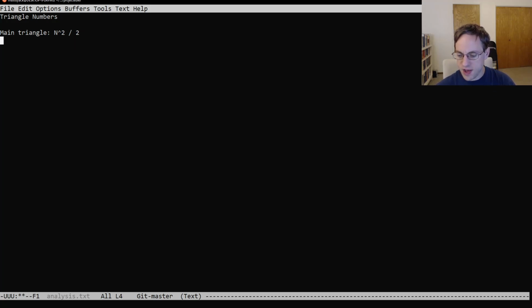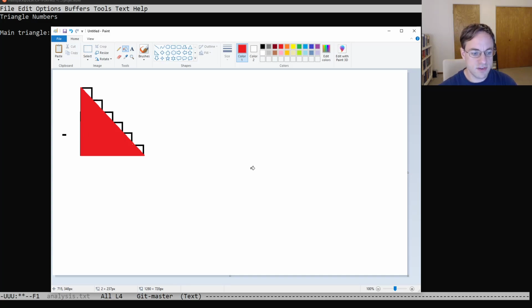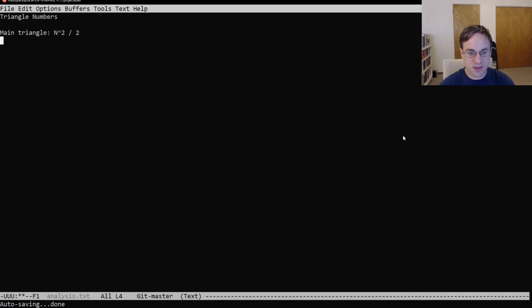So we might say triangle numbers. Main triangle is just going to be n squared divided by 2. And so then in order to find an exact expression for the triangle numbers, we just have to look at, let's see here, we'll color this in blue. So these sections here, we just have to find the area of those and add that in to get our equation for the triangle numbers. And you'll see that each of these has area 1/2. And so that's just going to be n over 2. So we can go back to our analysis.